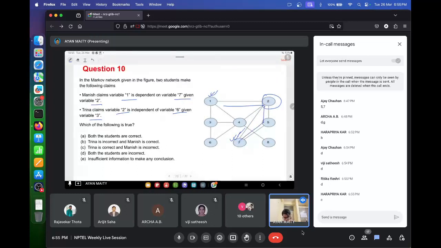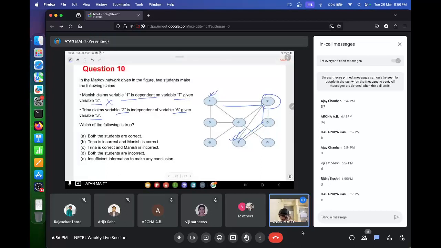So every path will go through 2, and if 2 is given, 2 blocks all the paths. Variable 2 is given, so 2 will block all the paths, and 1 and 7 are conditionally independent of each other. This claim says they are dependent on each other, so the first claim is wrong.